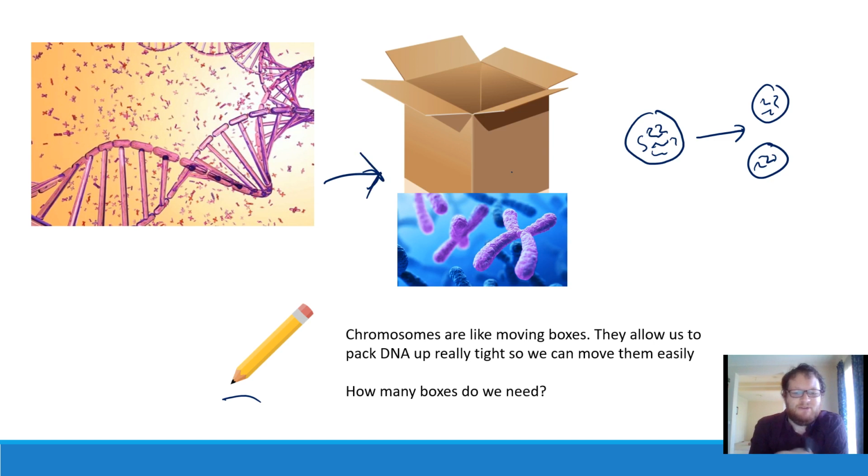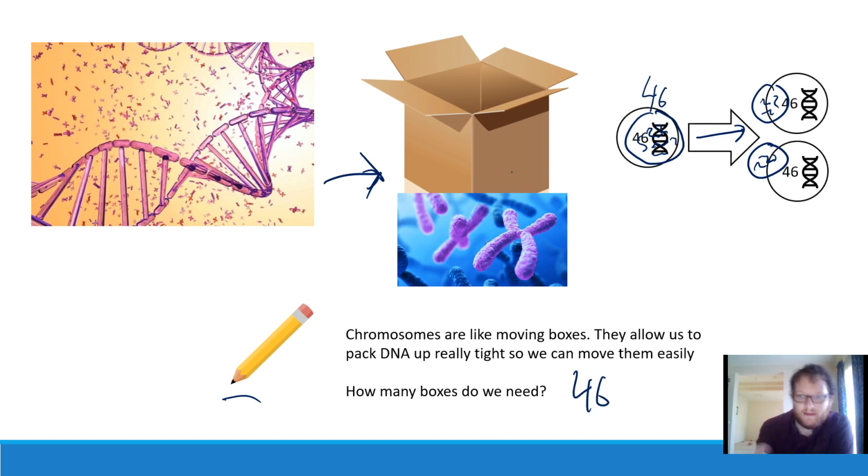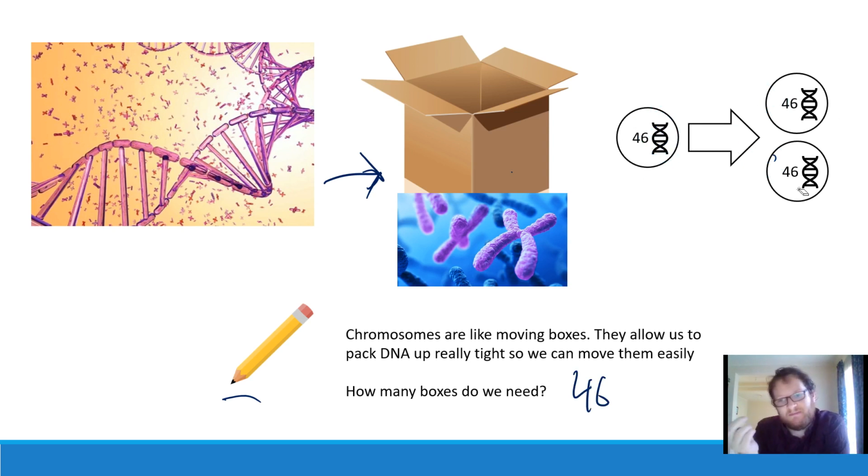So how many boxes do we need? Well, if you were sitting there thinking, I know there are 46 chromosomes in human DNA, that means you would need 46 boxes. And that would be correct. That's what I mean here, so it's a bit of a better picture. In order to move from one to the other, you need 46 boxes, and then 46 boxes show up here and 46 boxes show up here.